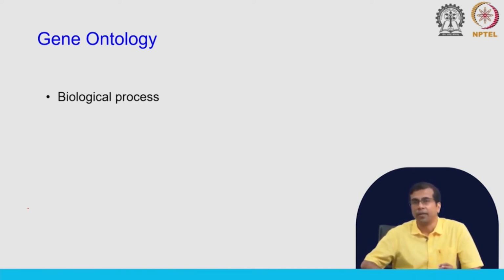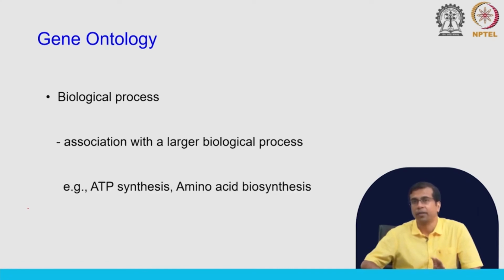The second part is the biological process. Okay. So, here it will associate the gene with a larger biological process. Okay. So, for example, you can say the gene is involved in ATP synthesis. Okay. It does not specify the actual molecular function, which part of the ATP synthesis process it is involved in, that is not specified, but it is associated with ATP synthesis or maybe amino acid biosynthesis and so on, right.